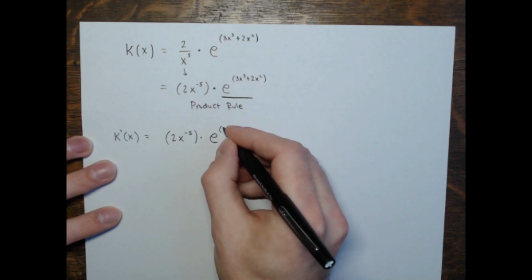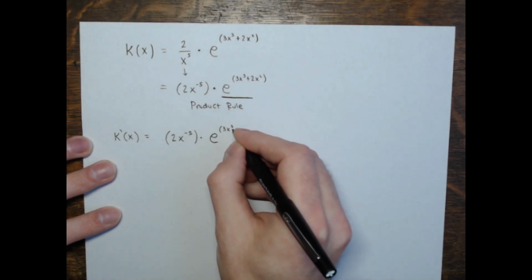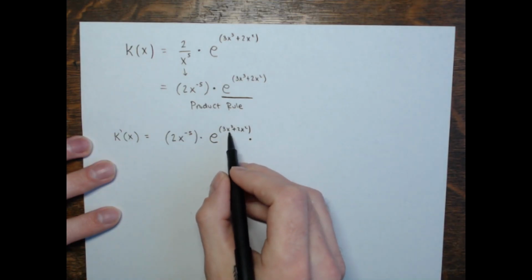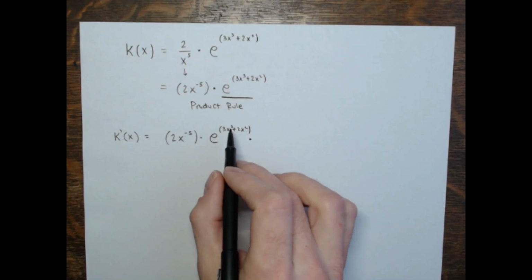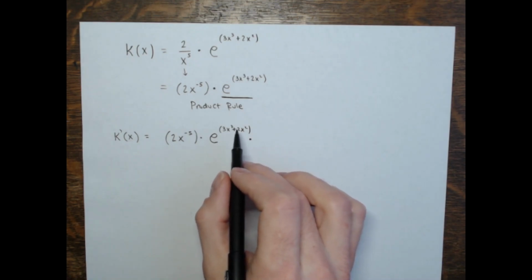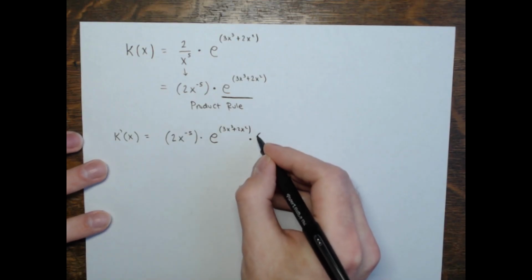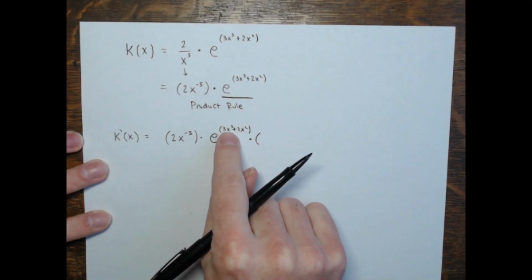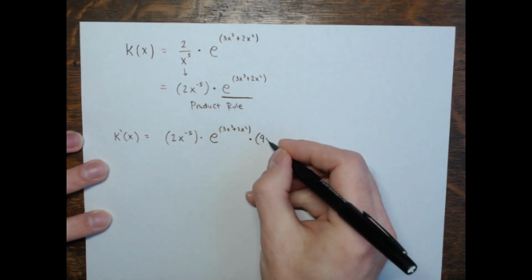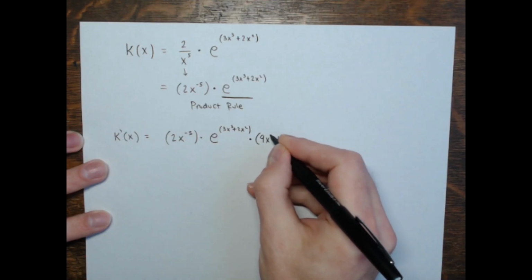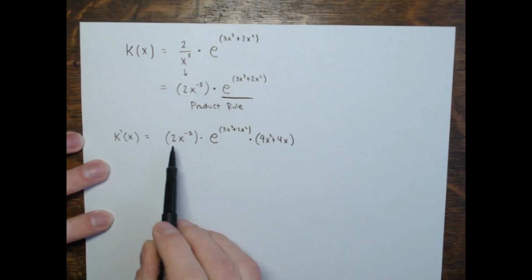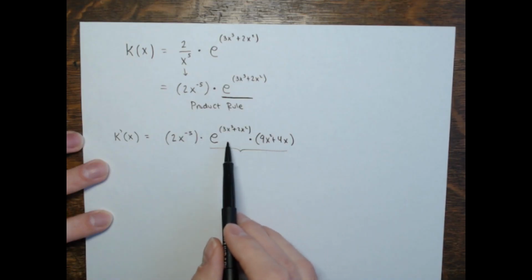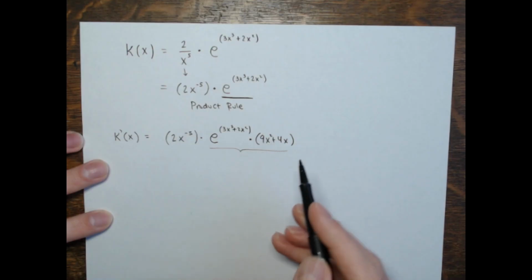So once again, e to the 3x cubed plus 2x squared, but then apply the chain rule, right? Because this polynomial is put inside e to the x, there's definitely a composite going on here. Then afterwards, times the derivative of that power, which is a simple polynomial. That'd be 9x squared plus 4x. There's my first factor the way it was, and this here is the derivative of the second factor with the chain rule applied.